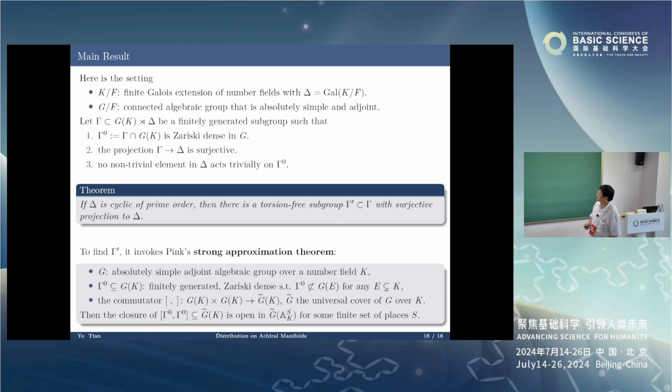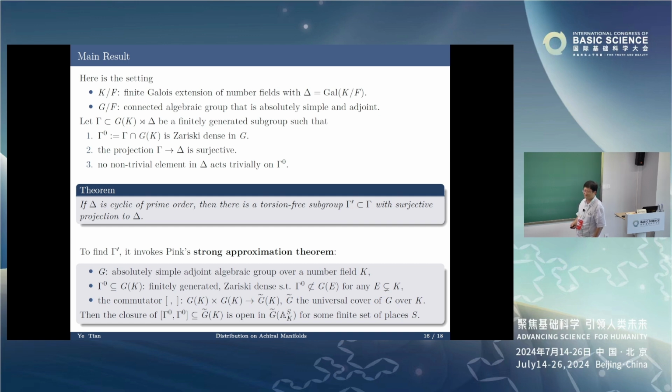Then we can make an abstract situation in number theory. Suppose I give you a finite Galois extension K over F of number fields with Galois group delta. And I give you a connected algebraic group G defined over F, which is absolutely simple and also adjoint, like PB cross.